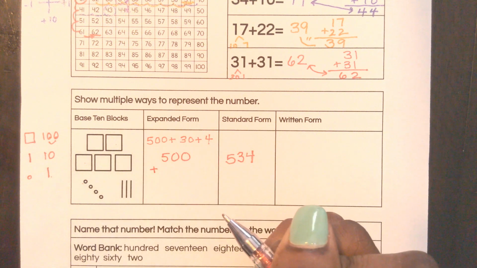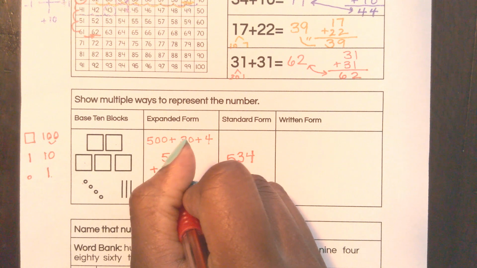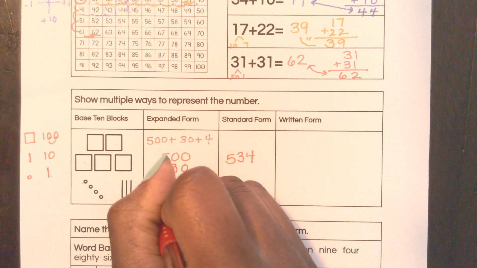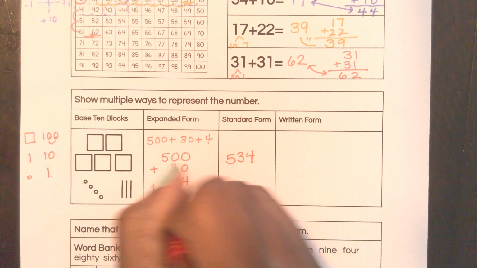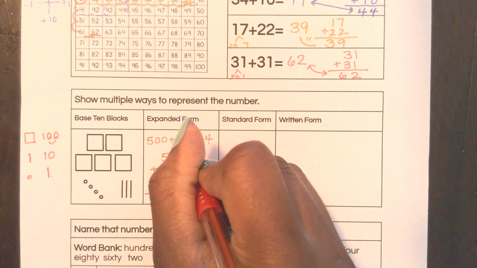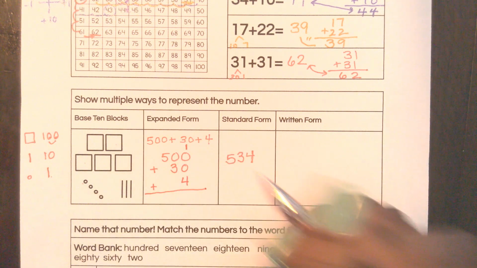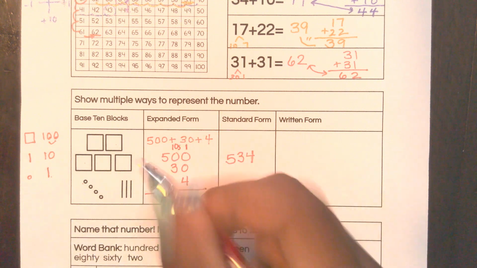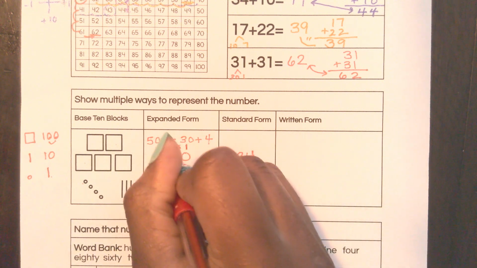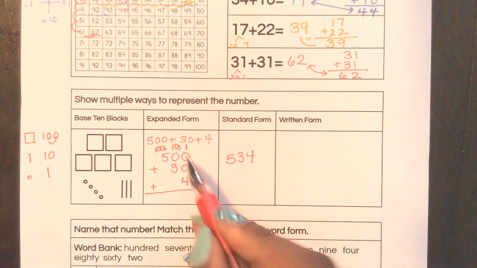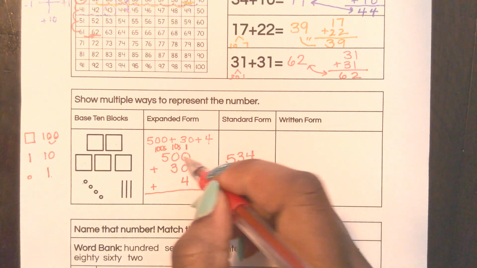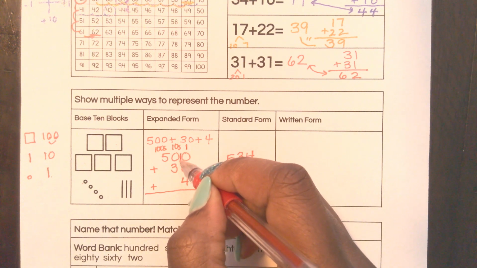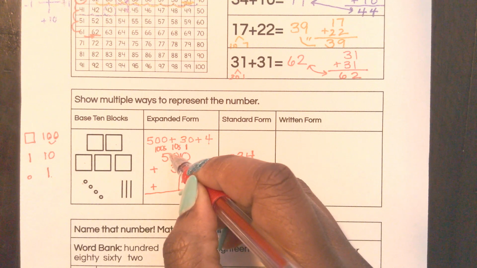If you write it on top of each other, make sure you still line up the place value. So this is the ones place, this is the tens place, and this is the hundreds place. So even if you write it on top of each other, it should still be very organized, and we should be able to see the place value.